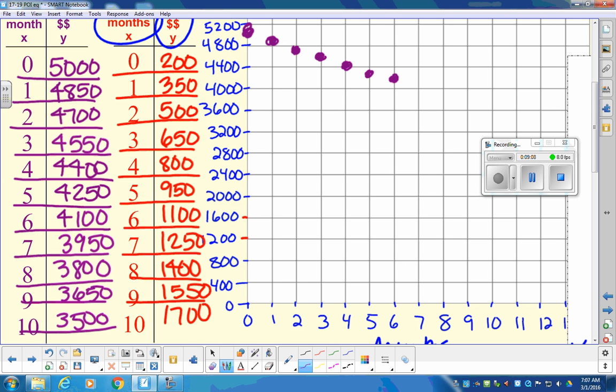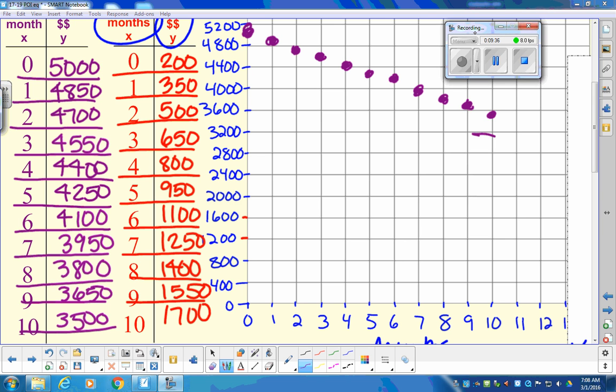At month 7, we have $3,950. Again, my dots aren't perfect, but it should be very close to linear. At 8, we have $3,800. At month 9, we have $3,650. At month 10, we have $3,500. And I'm not seeing the intersection yet with my data points.